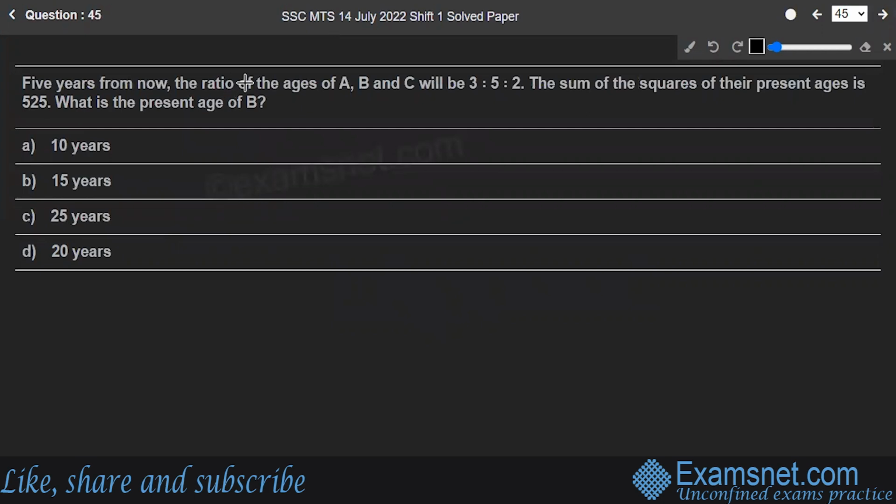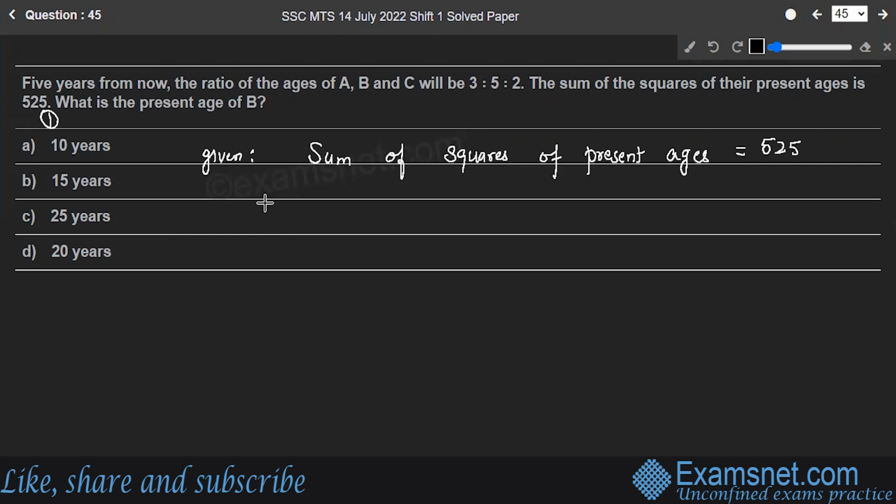5 years from now, the ratio of A, B, and C's ages will be 3:5:2. The sum of the squares of the present ages is 525. What is the present age of B? So you are given the sum of squares of present ages. This is the first thing that's given to you: the sum of squares of present ages is equal to 525.